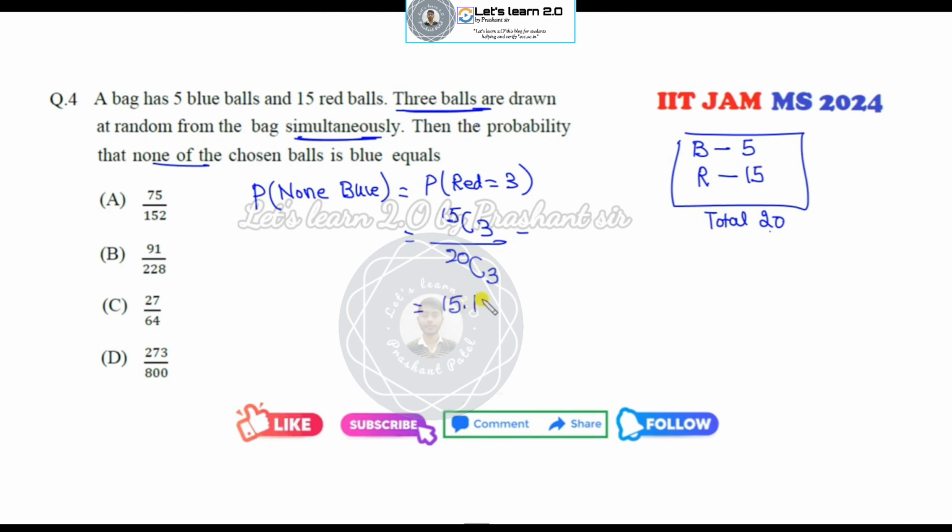So 15C3 means 15, 14, 13, divided by 20C3, which means 20, 19, 18. So I can calculate, and we get 91 over 228. So 91 is the only option which is written in the B part. So you can see this is the right answer of this problem.